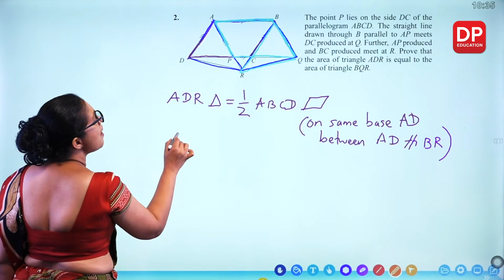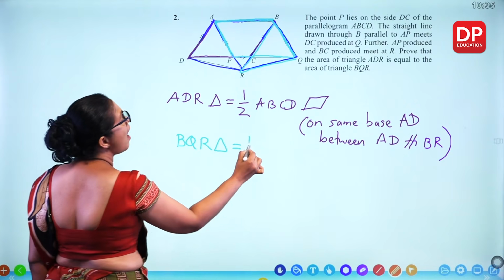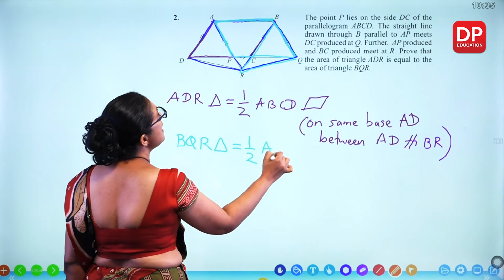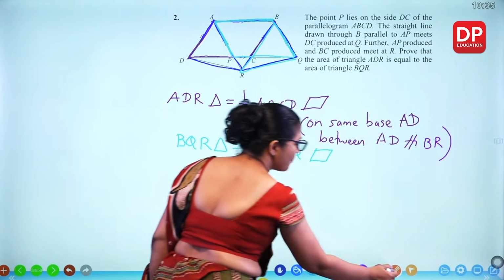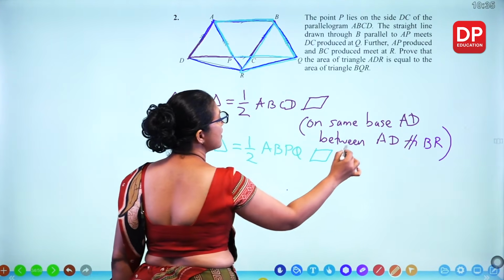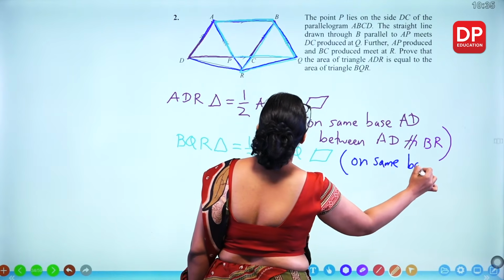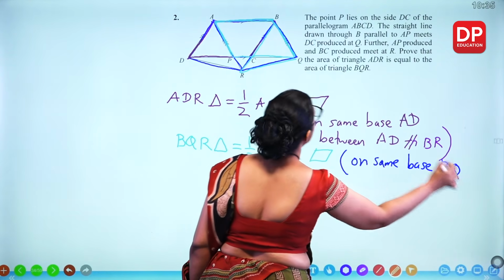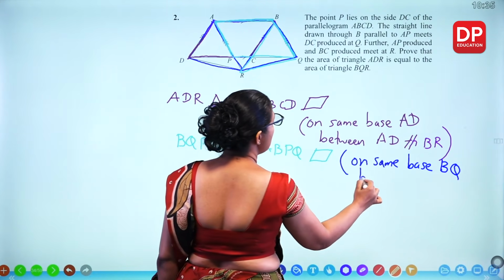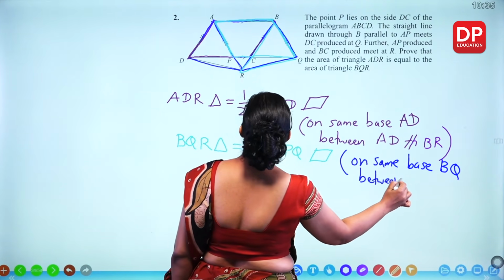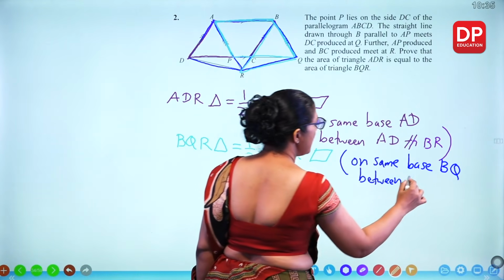We can write BQR triangle is half of ABPQ parallelogram. What's the reason? On same base BQ, this is the common base, and in between two pair of parallel lines, that AR and BQ.